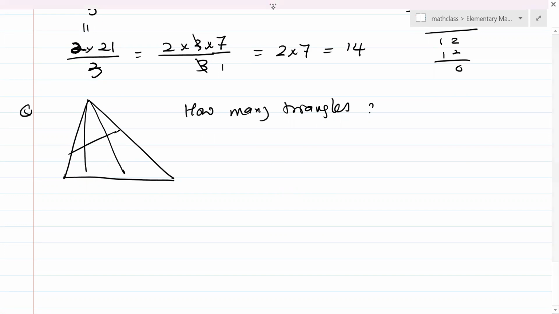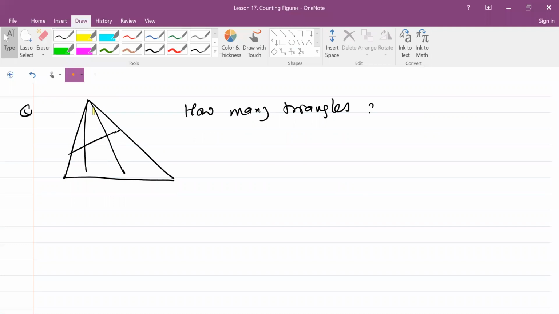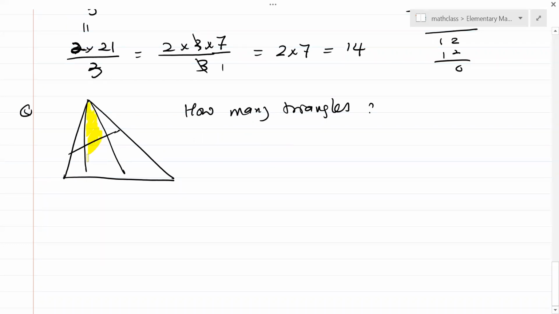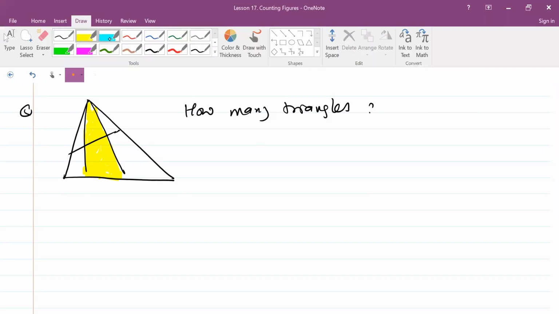Well, a triangle could be like this. I just tell you this is a triangle, otherwise you'll be confused. Even if we cut it in the middle, this is still called a triangle. And those are the triangles.